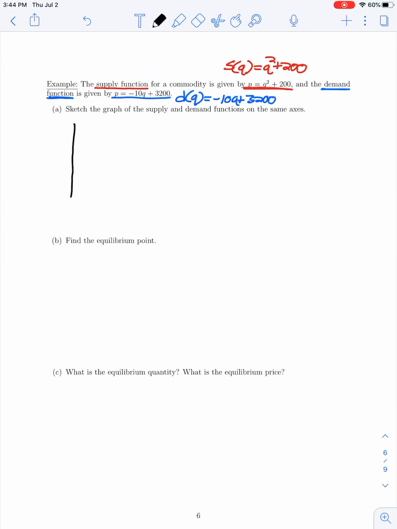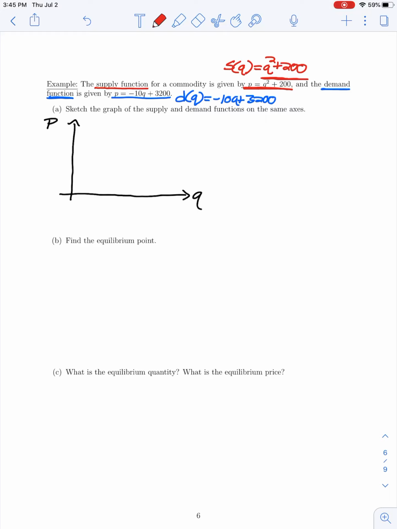So let's see if we can sketch the graph of these two functions, at least get a rough sketch. Here we're plotting price as a function of the quantity supplied or demanded. Let's start with our supply function, which I'll plot in red. It is a quadratic function, q squared plus 200. So the vertex of that parabola would be the point (0, 200).